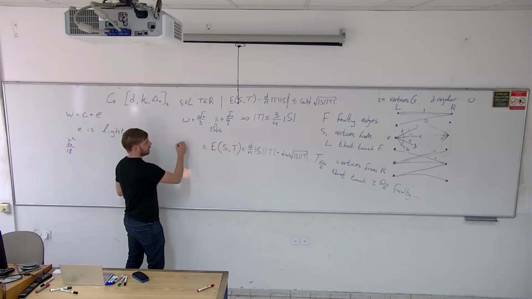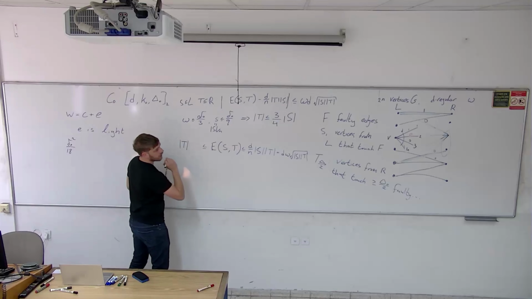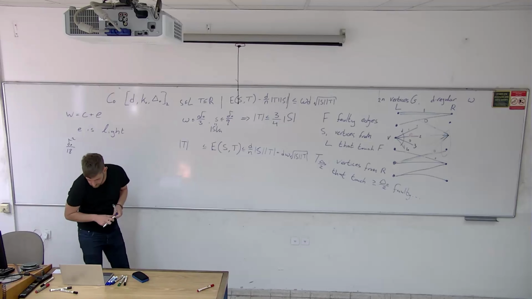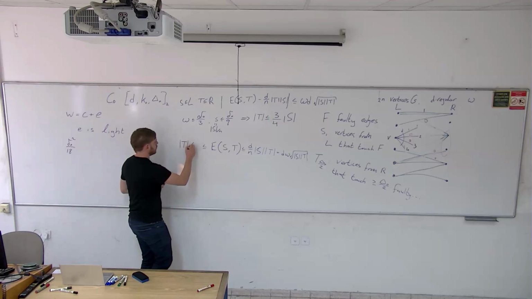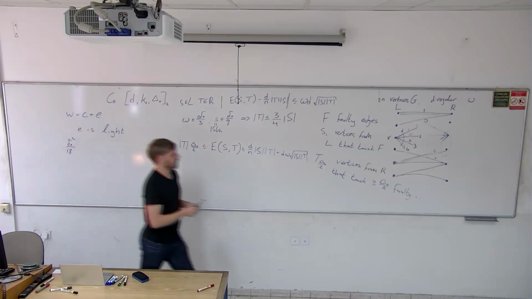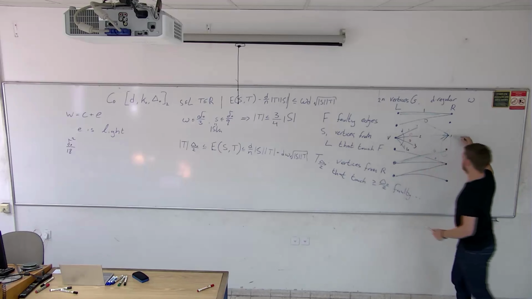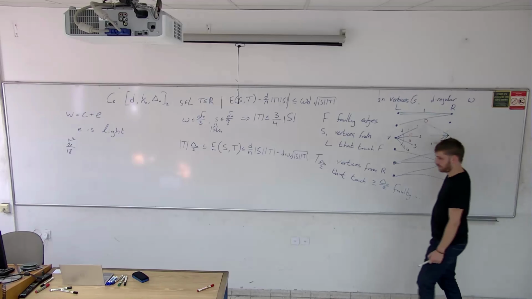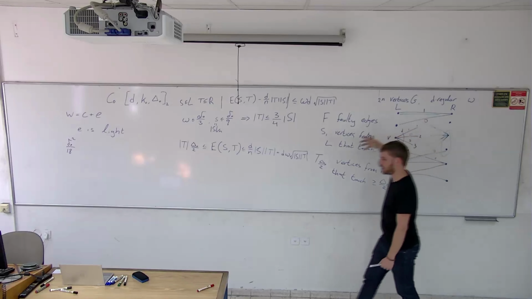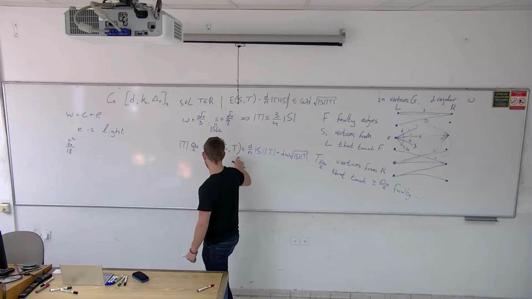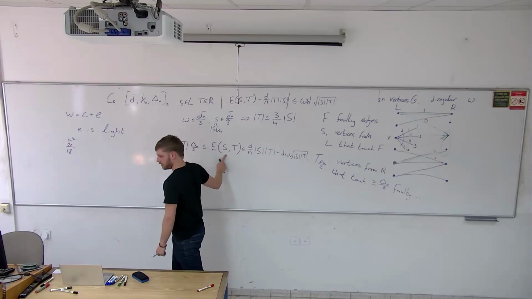It will be the size of T times delta 0 over 2, right? Because on the right side, inside T, I have vertices that see many faulty edges, and each such edge is between S and T.